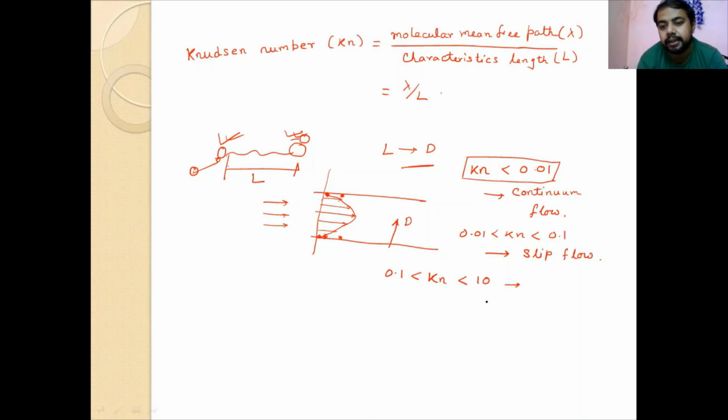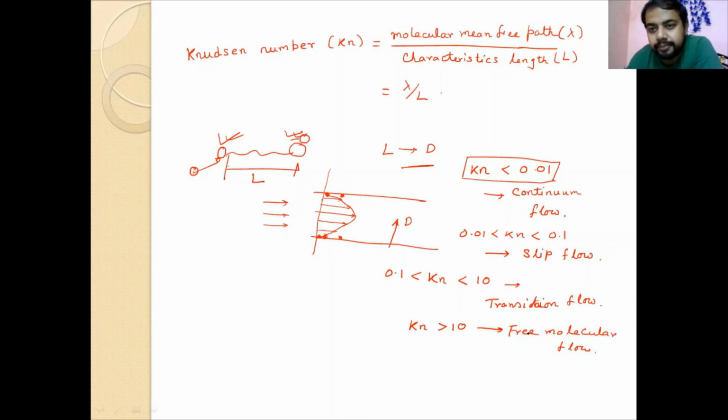This kind of flow is known as transition flow. And if the Knudsen number is above 10, this kind of flow is called free molecular flow. That is the rarefied gas system.